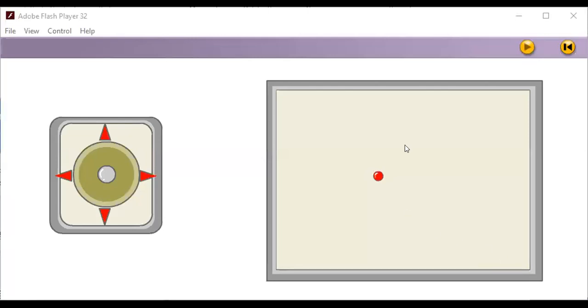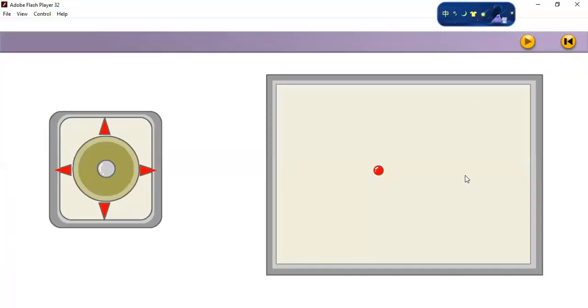Next, we look at an object. When an object is applied by a force, what is the function of the force? One function of force is to change the direction of the object. If I apply a force, the force will change the direction and the motion of the object.